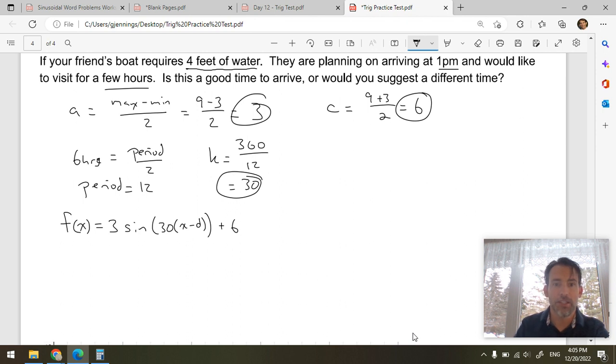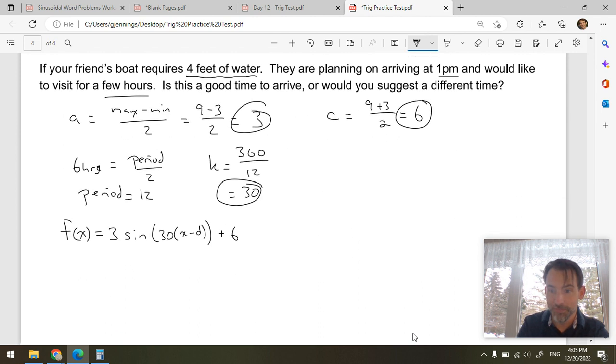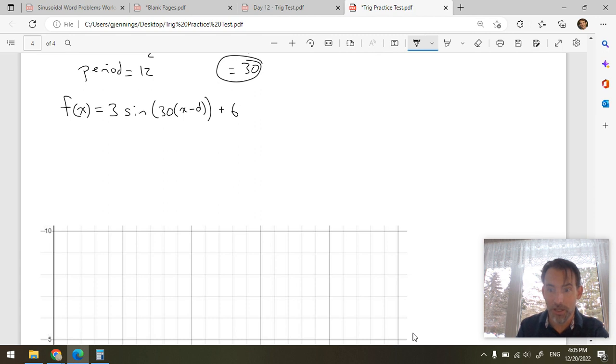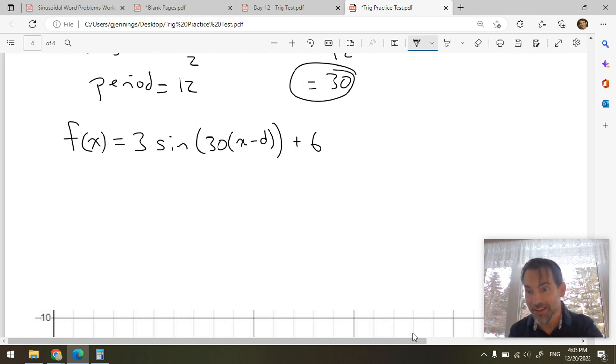Cool. And then let's use this point to solve for d. We'll use a low tide, which happens at 3 a.m. and things are 3 feet deep. So in this model, 0 is midnight. Time 1 is 1 a.m. So x is measured in hours. That's going to be useful to us.